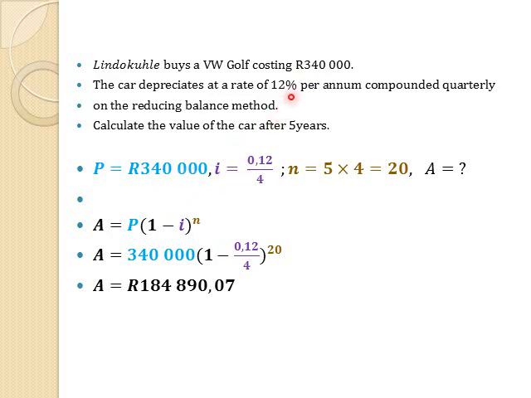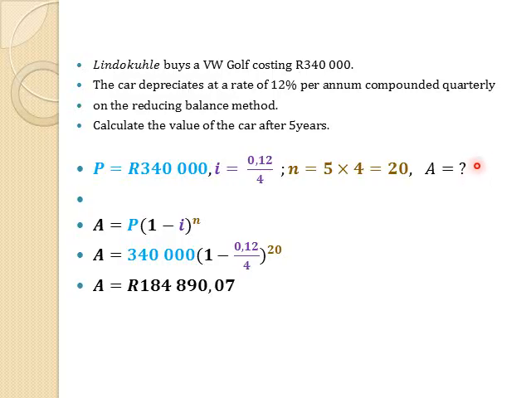Interest 12%, 12 divided by 100 gives me 0.12, compounded quarterly. So I assume there are 4 quarters in a year, therefore I divide my interest by 4. But if I divide my interest by 4, I must multiply my time period by 4. So if n is 5 years, 5 times 4 gives me 20 interest payments.